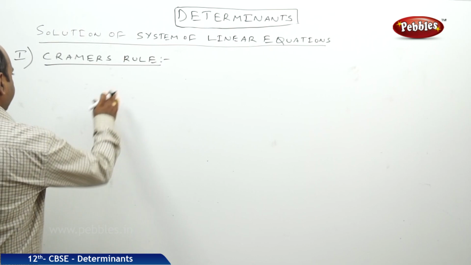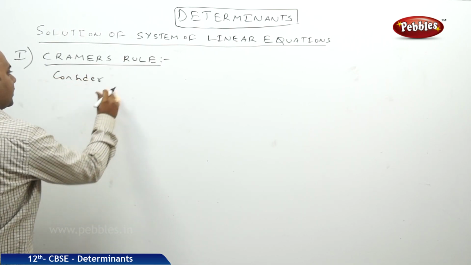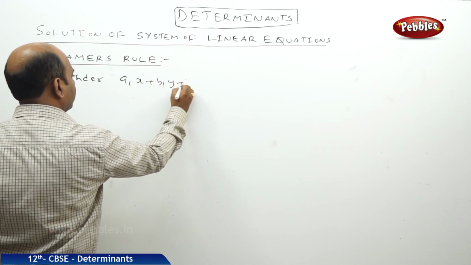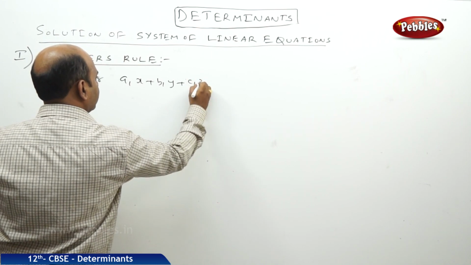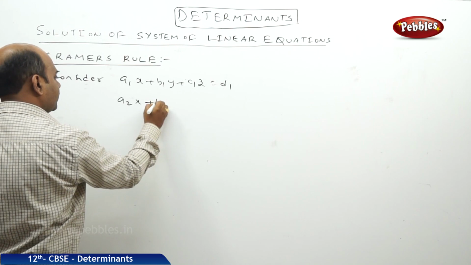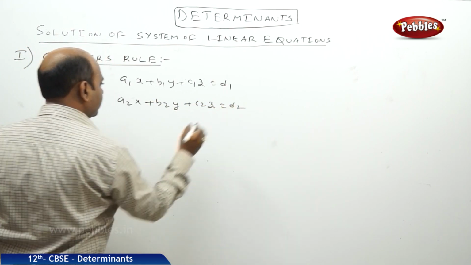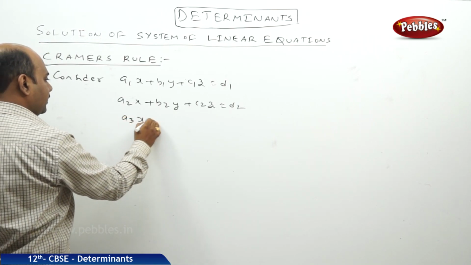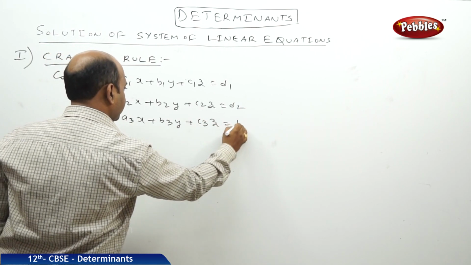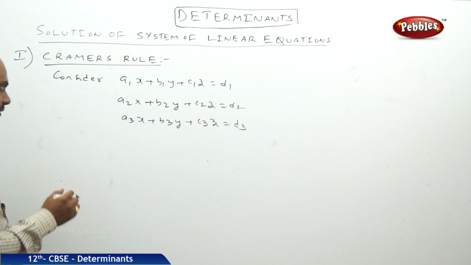Now consider a1x plus b1y plus c1z equal to d1, a2x plus b2y plus c2z equal to d2, a3x plus b3y plus c3z equal to d3, a system of linear equations.